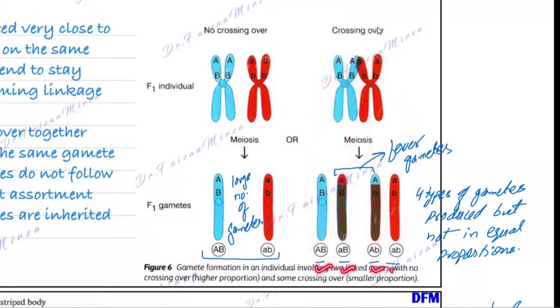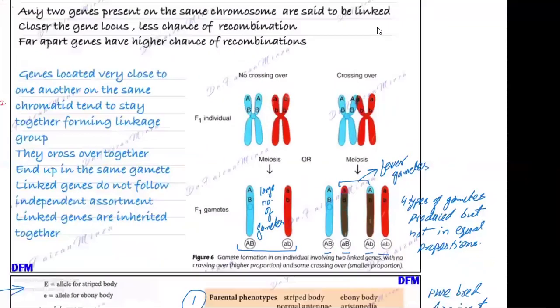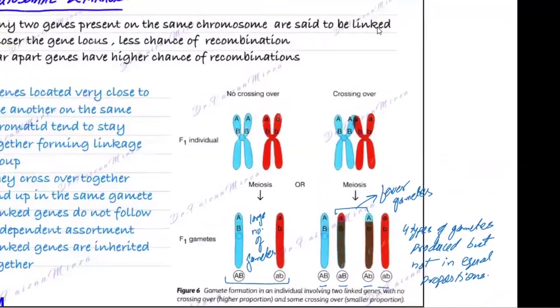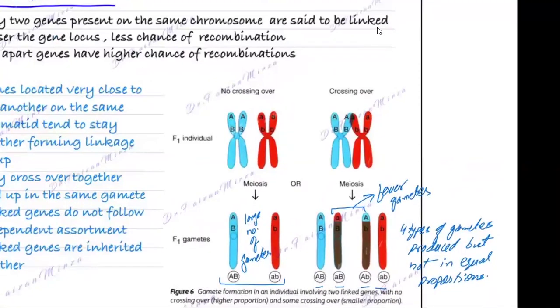Yes, four gametes are being produced, but are these gametes in equal proportion? No, they will not be in equal proportion. You will have more gametes with the linkage group intact, and very few gametes with the linkage group broken. The ratios again will not be the same; even if 9:3:3:1 is being followed, that ratio will not be followed.